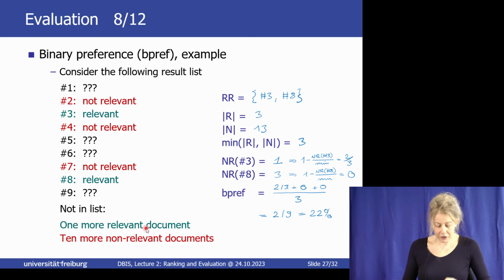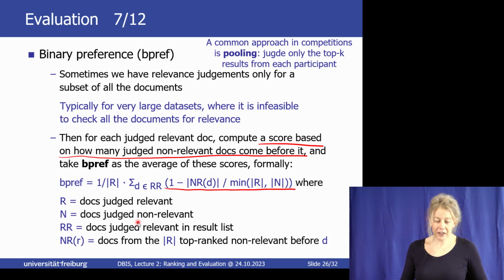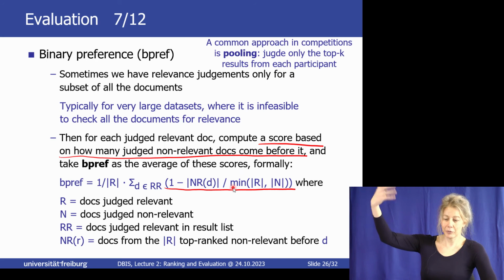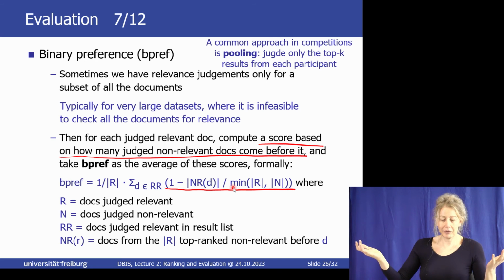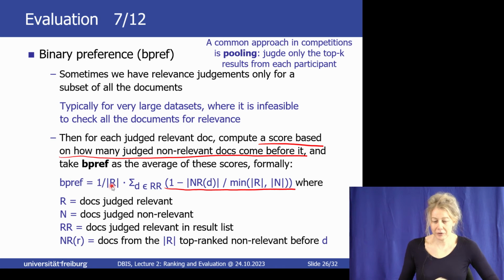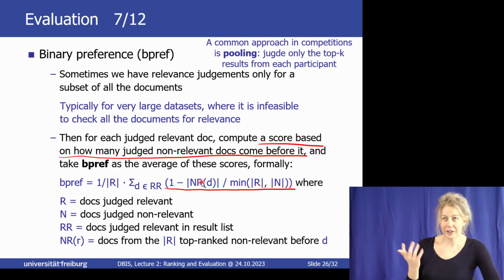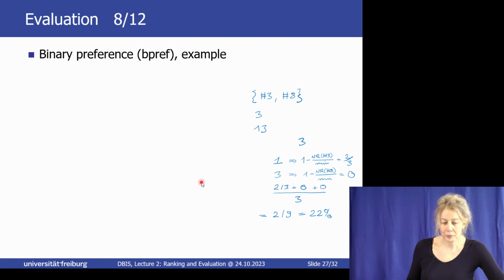And this measure also does that. Given all that, I think this formula is actually pretty easy to understand. You just compute this score per relevant document, which counts how many non-relevant ones come before it, and you take the average of those over all relevant ones. It's actually a simple measure, but when you see it for the first time, it looks crazy.